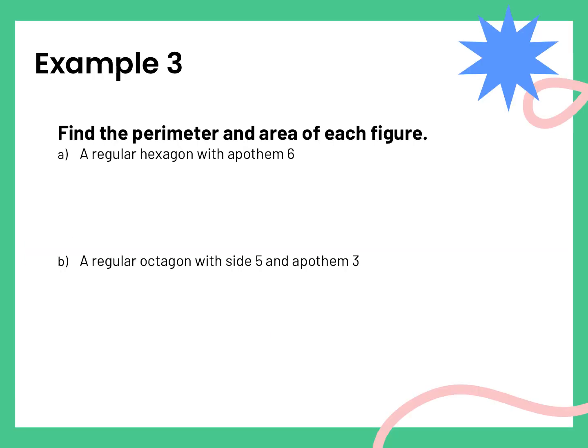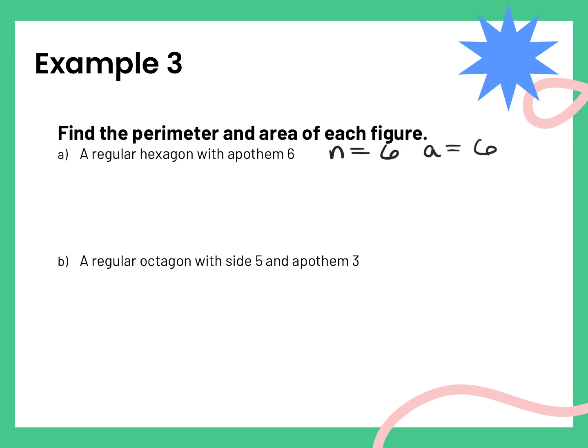So the first example tells us that we have a regular hexagon with an apothem length of 6. When we go to do these polygon areas, what we need to figure out is the n value, and we get that from the name. My n is my number of sides, so you need to know that a hexagon has 6 sides. You also need the apothem length, and this time they gave it to us.